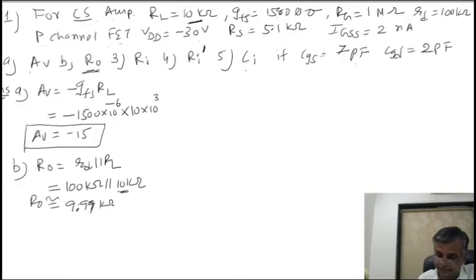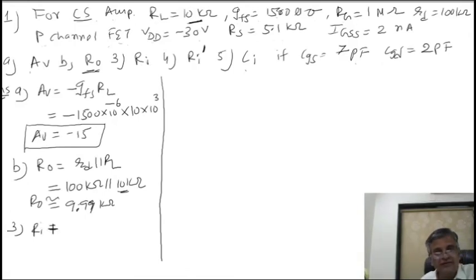Third, RI. If you remember, we have written RI is nothing but VGS upon IGSS, the input resistance between gate and source. In the FET parameter, I have written this equation. This is the maximum value you have to keep.